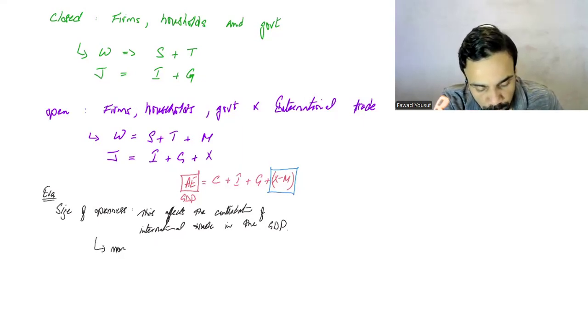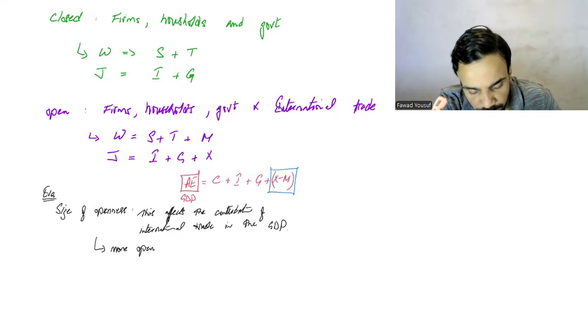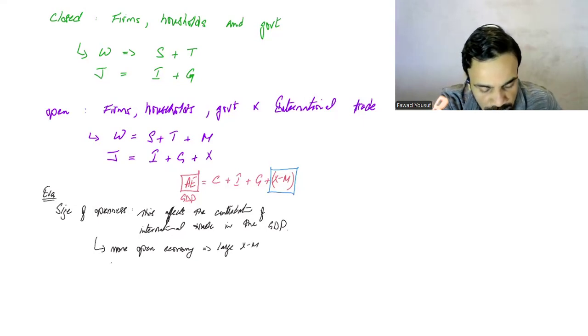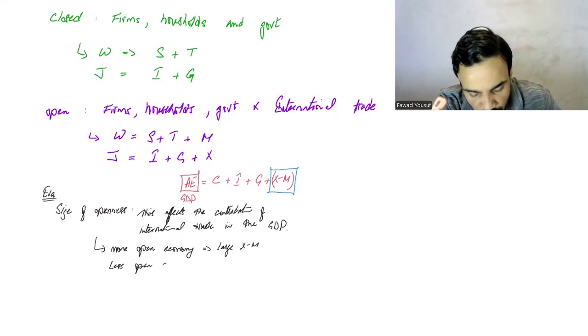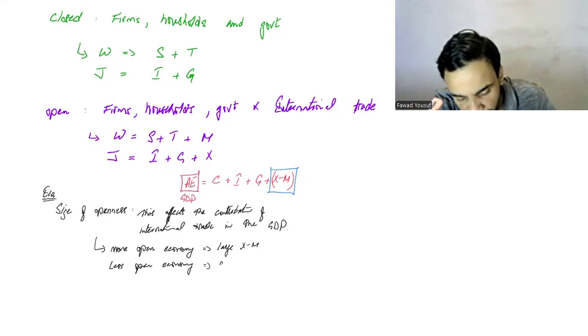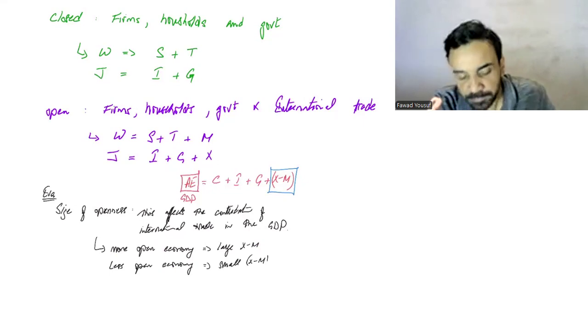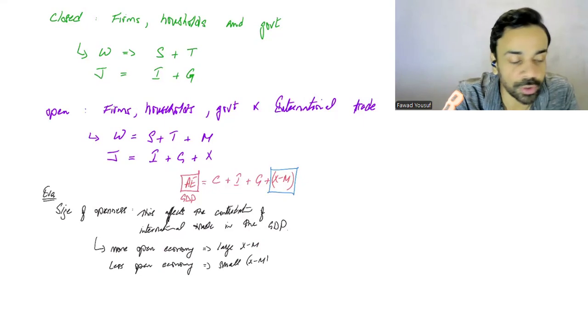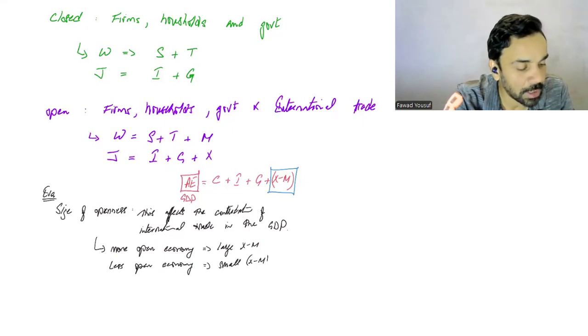So a more open economy will have a large X minus M ka number, whereas a less open economy like Iran is going to have a small X minus M ka number, right? So this is where the evaluation, I think, should head.